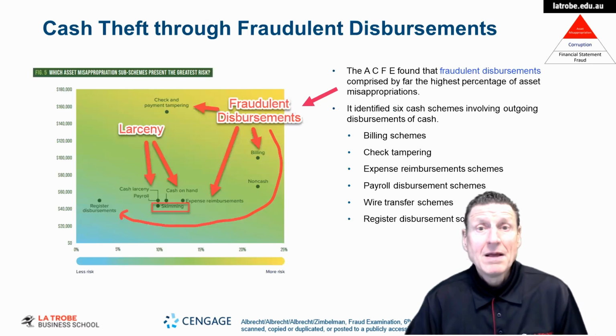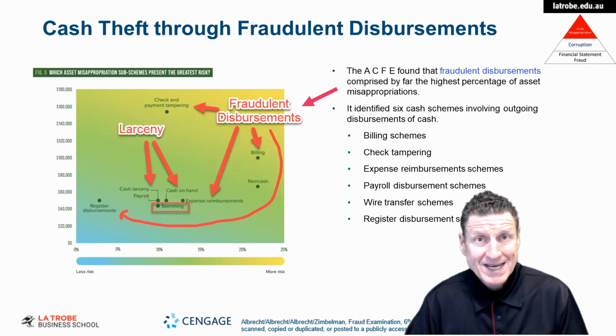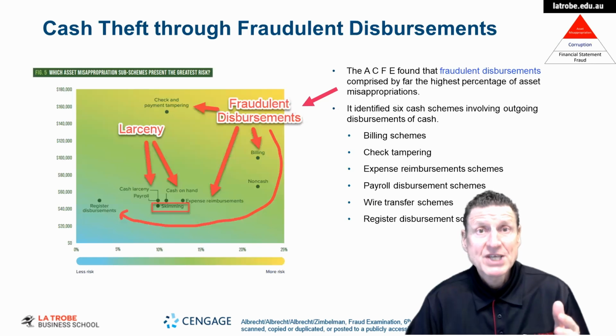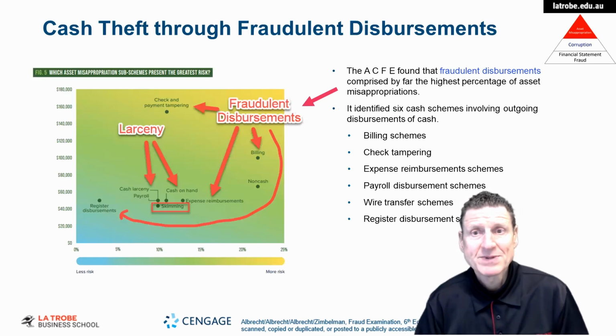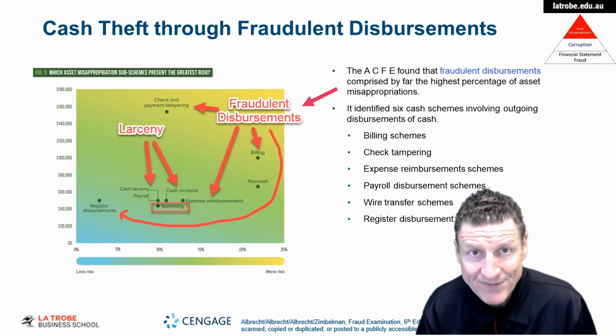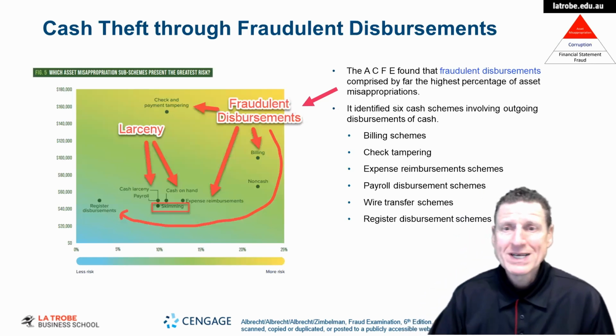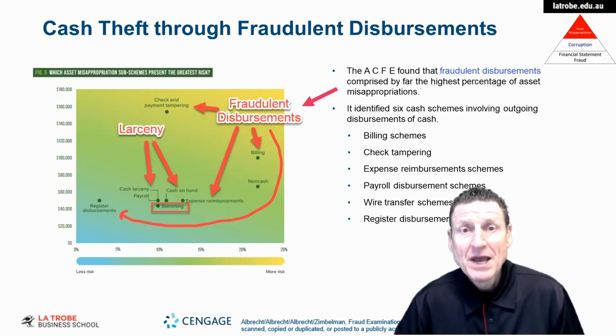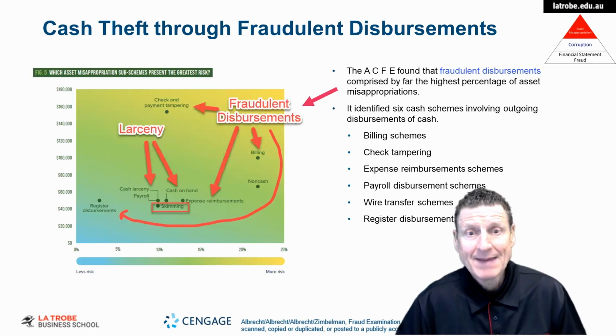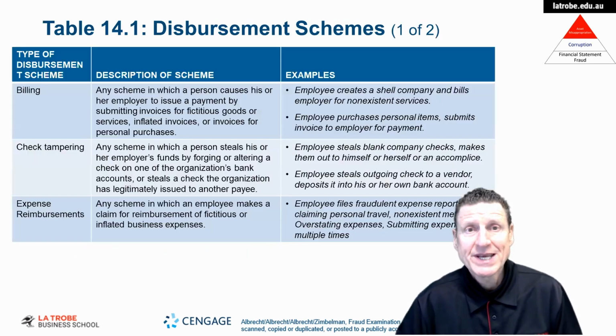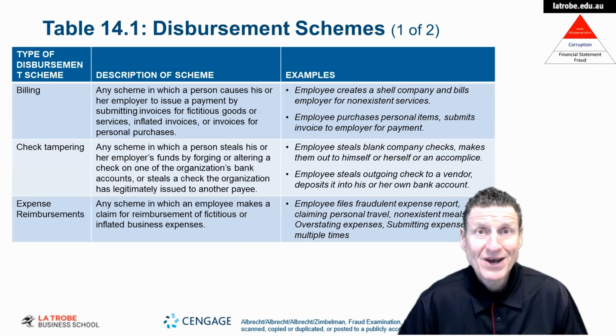And then they identify in the textbook six different fraudulent disbursement schemes: billing, check tampering, expense reimbursements, payroll, wire transfer, and register disbursement schemes. Each of these are set out in a table in the textbook, as we see in the following two slides.